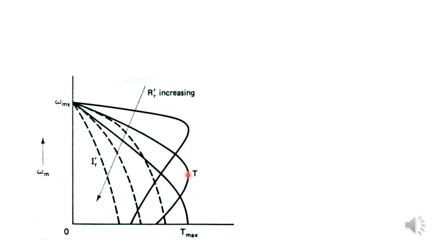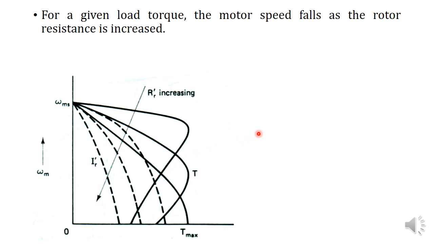These dotted lines are shown in order to indicate the corresponding rotor current profiles for these three torque speed characteristics. So, as a conclusion, we can say that for a given load torque, the motor speed falls as the rotor resistance is increased. This is the key point for rotor resistance control.